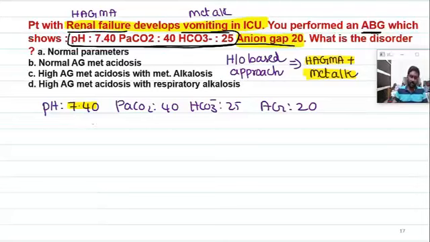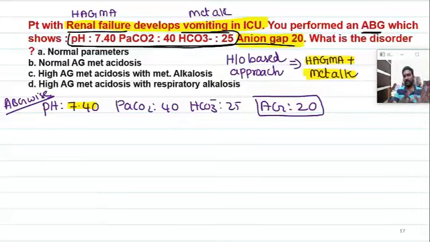Now coming to the ABG wise approach. Most important here is high anion gap with the pre-existing clinical scenario, renal failure and vomiting. Whenever there is high anion gap with relevant history, you should always take it as significant.